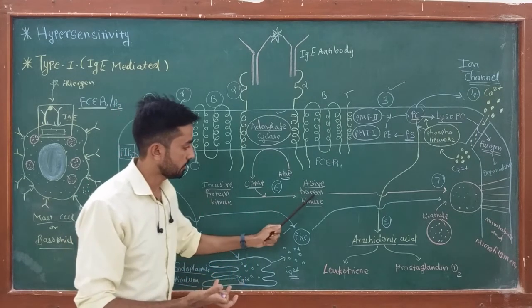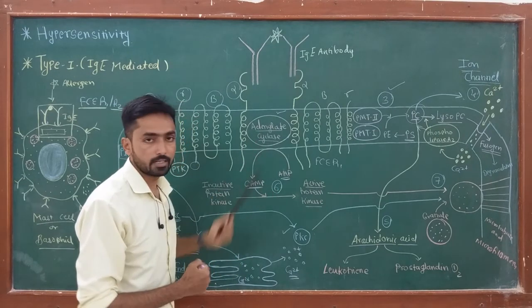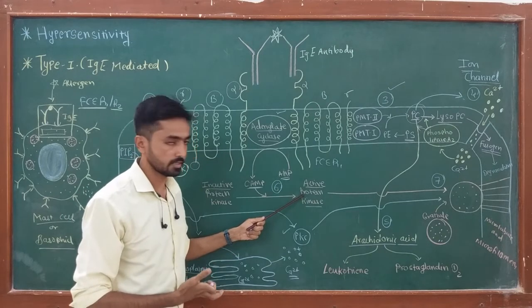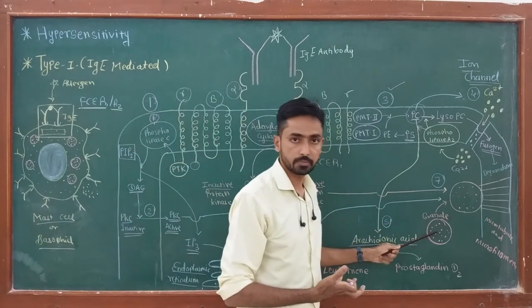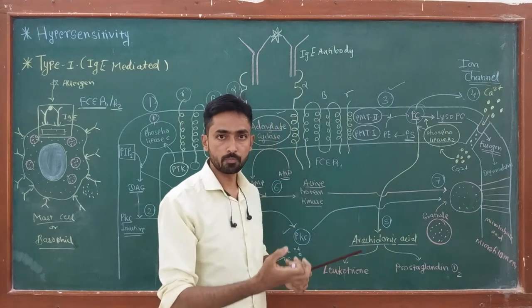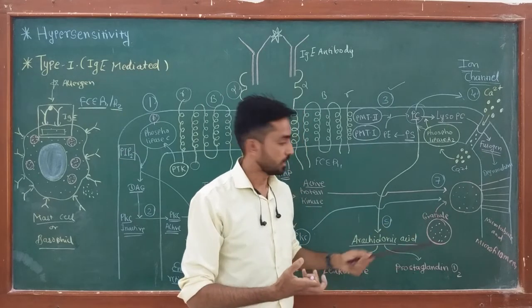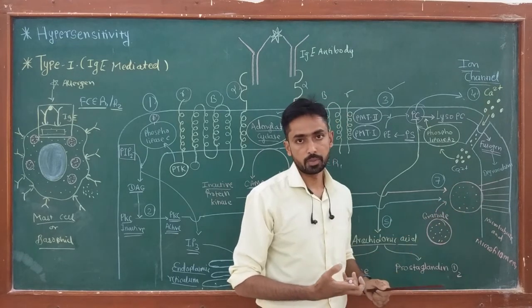This enzyme gets activated in reaction number 6 by the adenylate cyclase enzyme, and after activation, the protein kinase enzyme will phosphorylate granules. That means it will transfer a phosphate group onto the granule, and due to the transfer of the phosphate group, it helps in fusion of the granule with the plasma membrane.